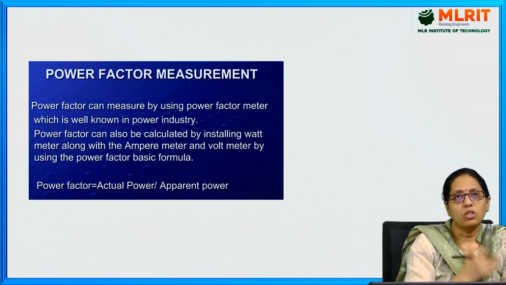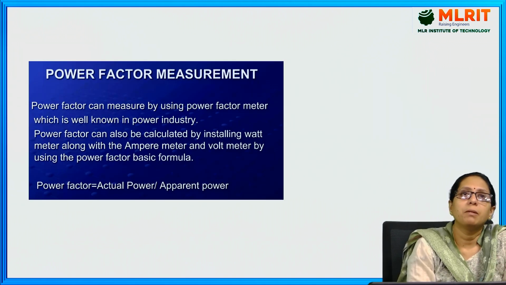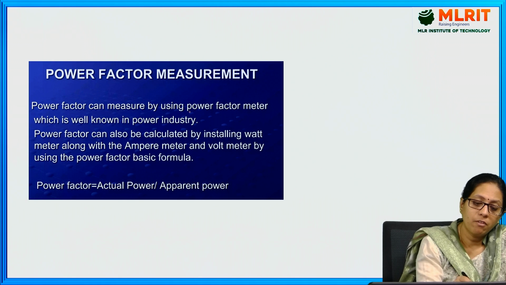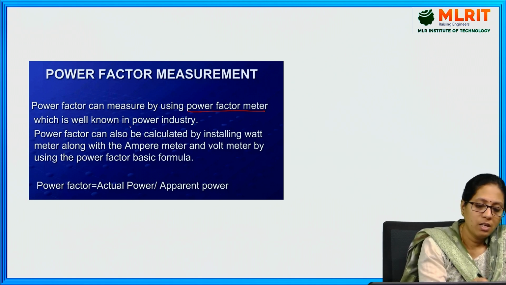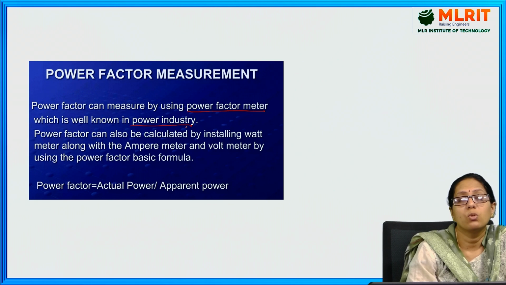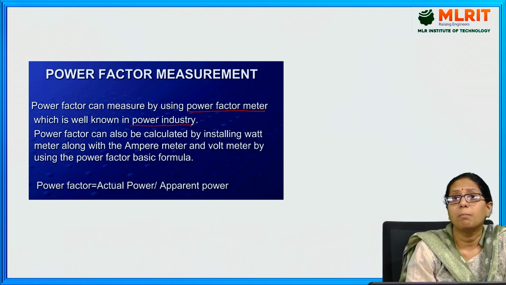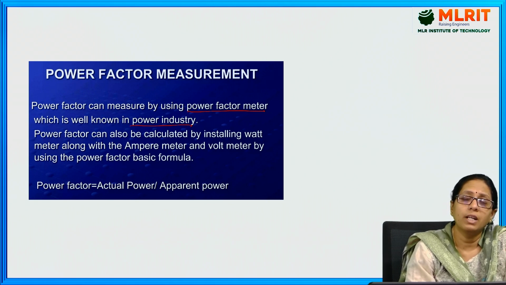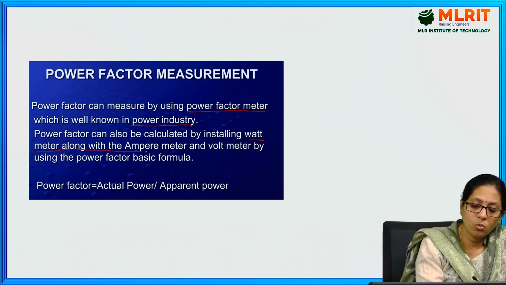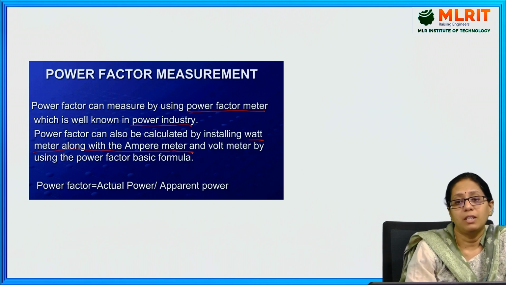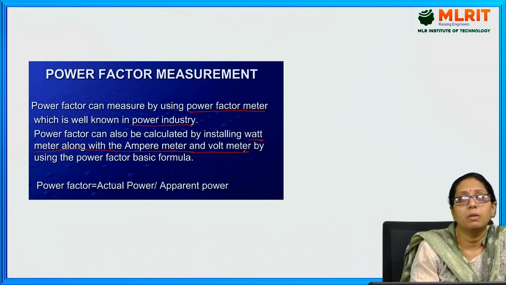Power factor measurement. The power factor can be measured by using the power factor meter, which is mostly used in the power industry. The power factor can also be calculated by installing a wattmeter along with the ammeter as well as the voltmeter.